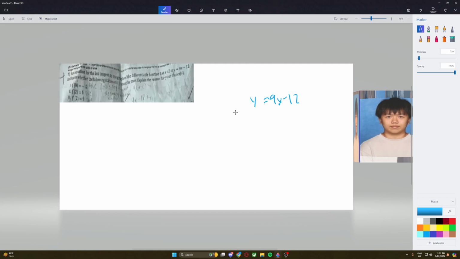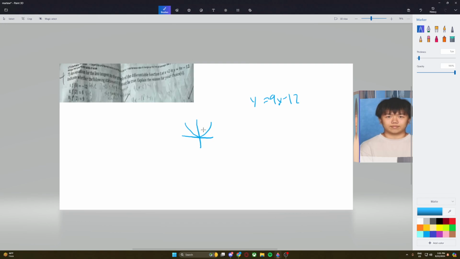So basically, the negative 12 in this equation is its y-intercept, and let's just say we have a random equation like this. This is not the actual equation, but it is most likely a quadratic.